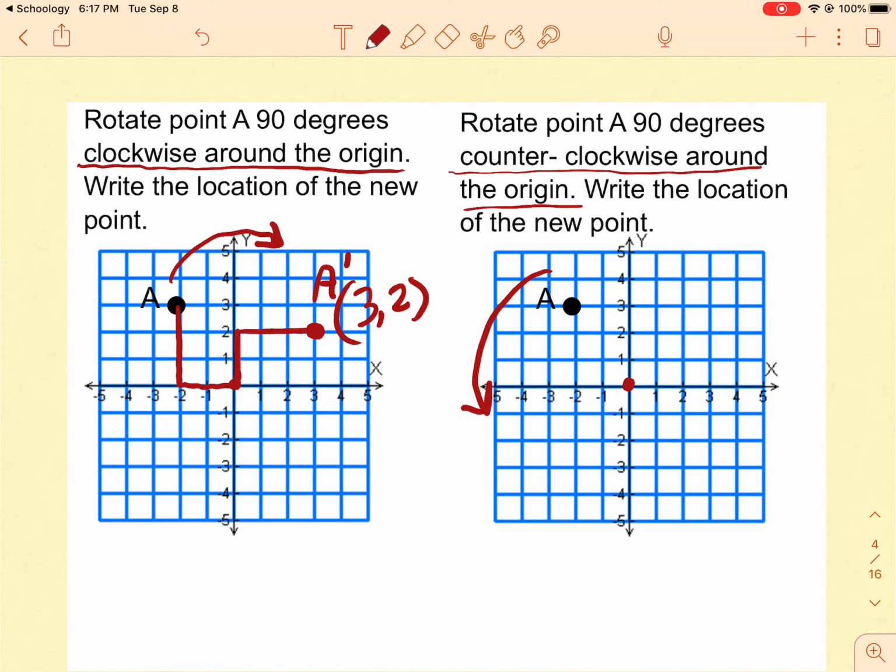If we draw in that vertical line and horizontal line connecting the points, we can see that the horizontal distance of 2 becomes a vertical distance of 2, and then the vertical distance of 3 becomes a horizontal distance of 3. So our new point, A prime, is down here at -3, -2.